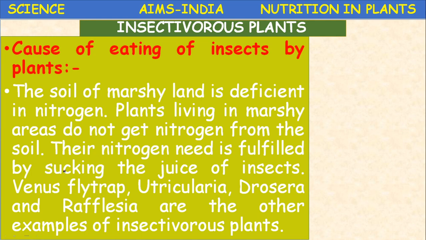So their nitrogen need is fulfilled by sucking the juices of insects. Examples of the insectivorous plants: Venus flytrap, Utricularia, Drosera, and Rafflesia, a parasite also, are the other examples of insectivorous plants.